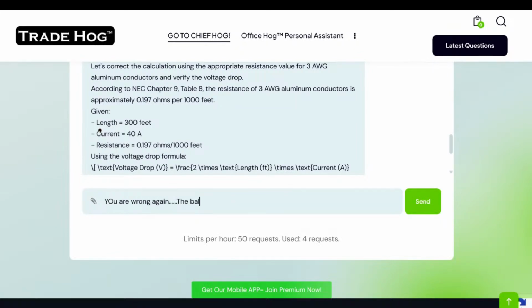The value for 3 AWG aluminum is, and again, let me double check that for 3 aluminum. Let me just double check it because I don't want to tell it it's wrong and it learns the wrong module. Is 0.403. Now this might be a difference, 75 degrees C. All right, so watch this.